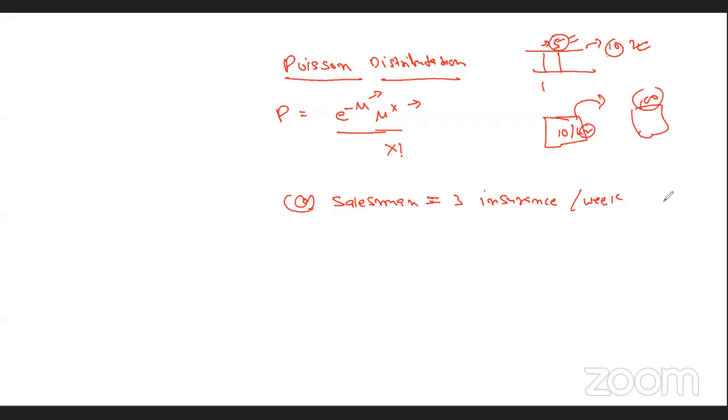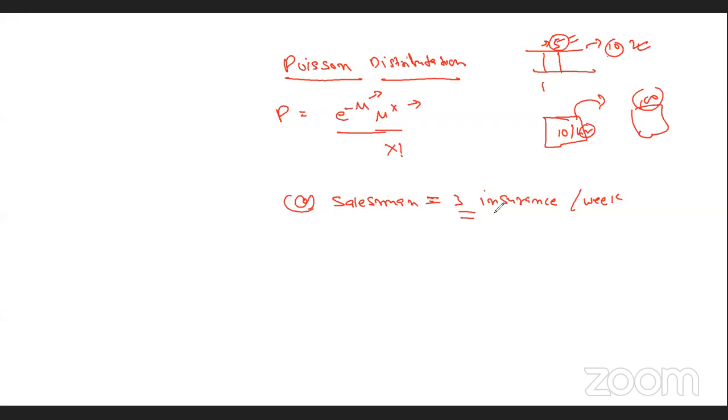On an average, that person sells three insurance per week. Now I can try to find out what the probability is that in the current week he will be able to sell 3, or maybe 10, or lesser than 10, or lesser than 3, or greater than 3 sales.